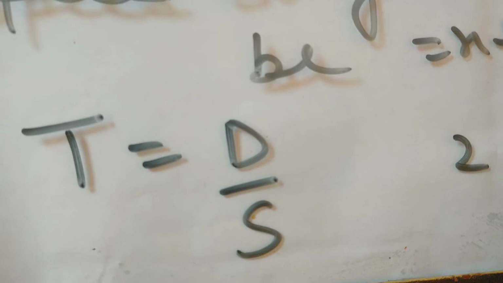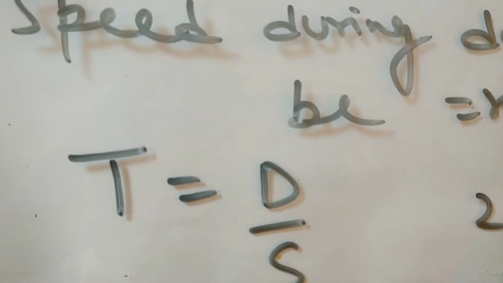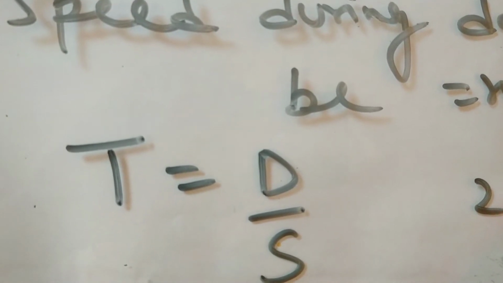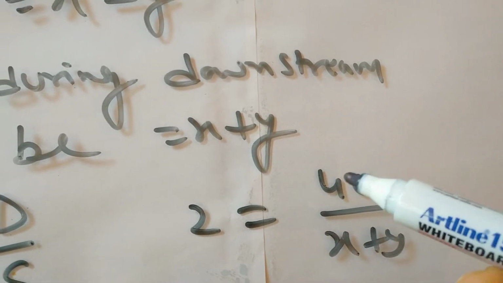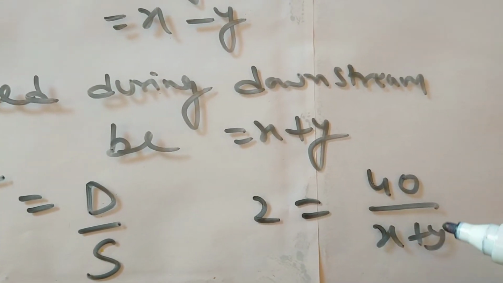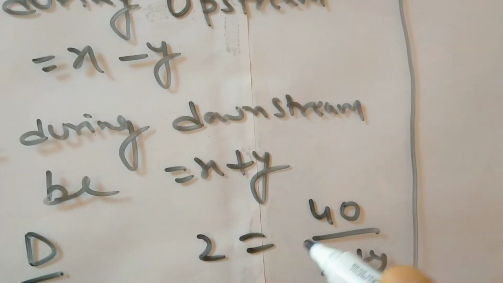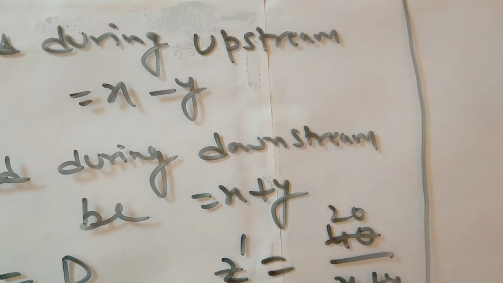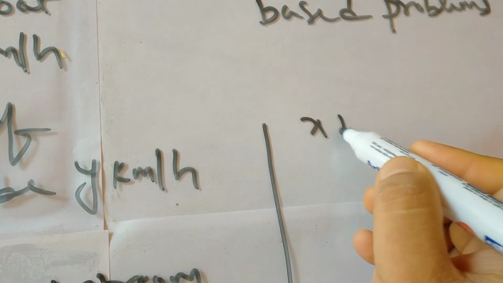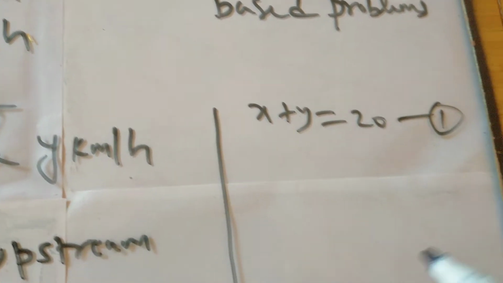He has to cover 40 kilometer downstream, and the downstream speed is x plus y. So 2 hours, 40 kilometer, and speed x plus y. If you cancel out this 2 with this 40, it will be 20. After cross multiplying, you get x plus y is equal to 20. This is equation number 1.